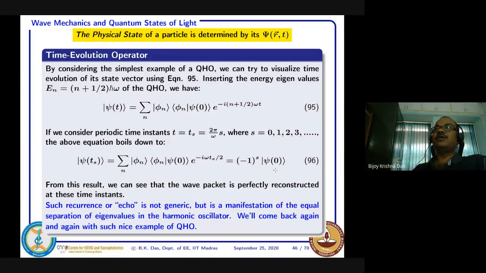So that means if your state vector has eigenstates, you span with different eigenstates, and they evolve with different phases. But if the energy spacing of the eigenstates is regular, like here in this case of the quantum harmonic oscillator, the energy spacings are h cut omega, h cut omega, h cut omega. Every eigenstate will be raised by h cut omega.